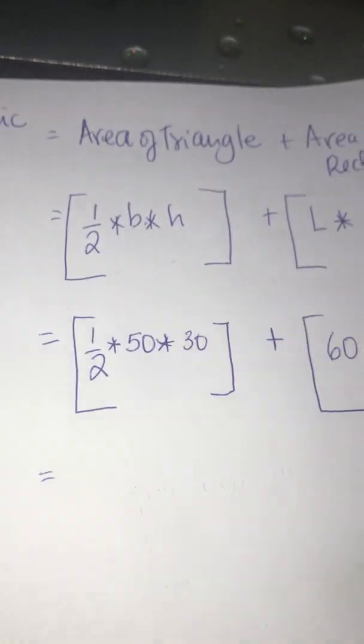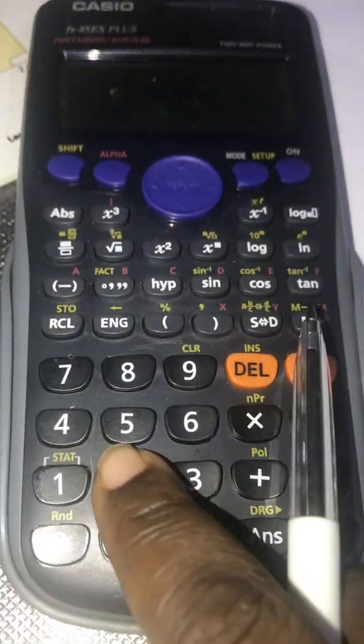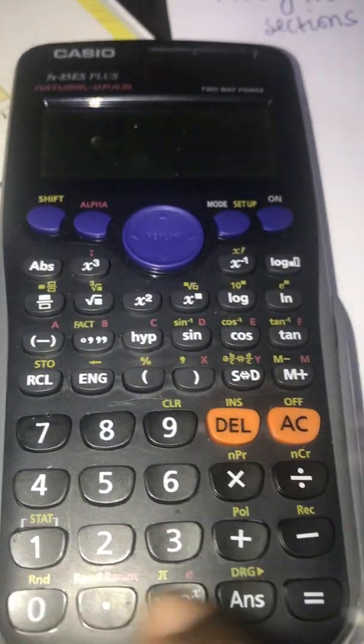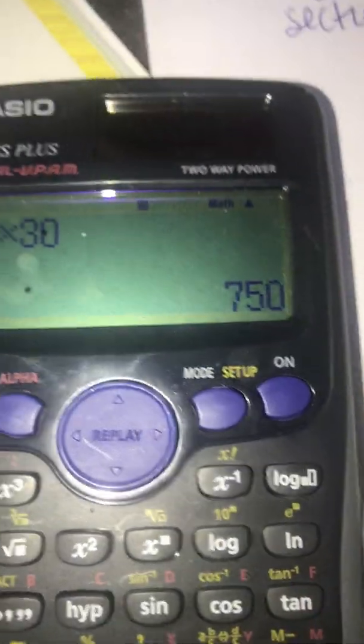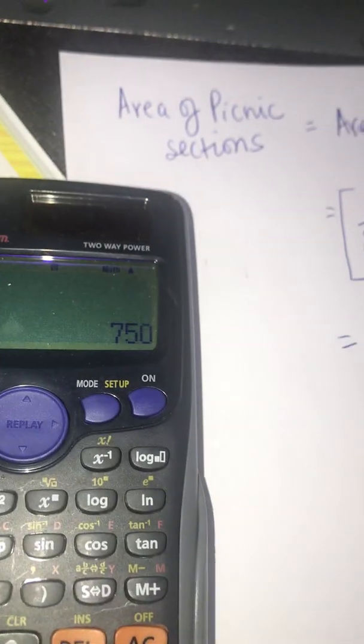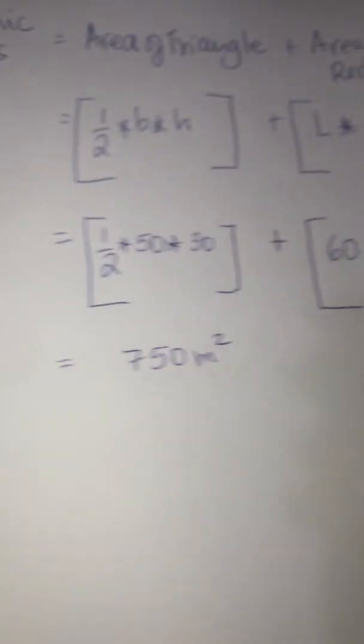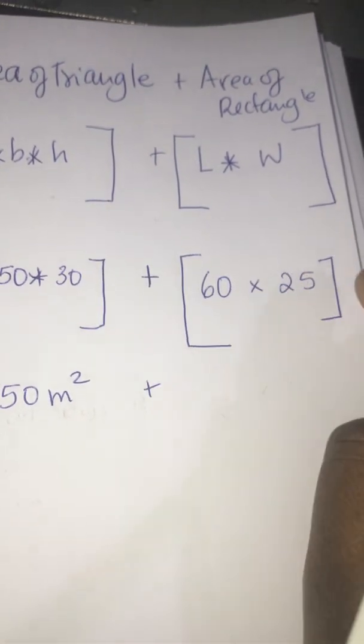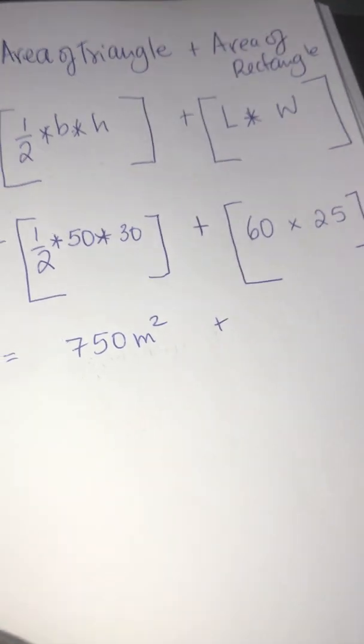Okay. So half of 50 is 25. 25 times 30 is 750. And the unit is meters, so we're going to write meters squared. And then I'm going to do 25 times 60.